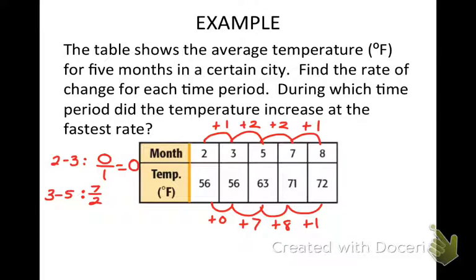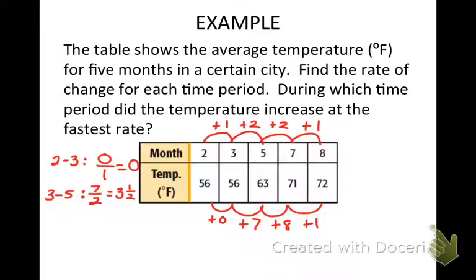So on average, because aren't we jumping 2 months? Here we're only jumping 1 month, so we need to make it consistent. So on average, what's 7 over 2 reduced to? 3.5, right? So 3.5 on average for each of those months.